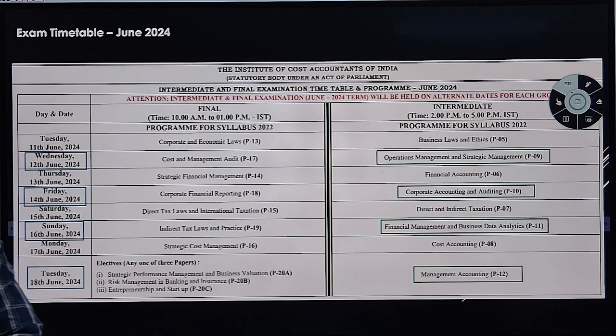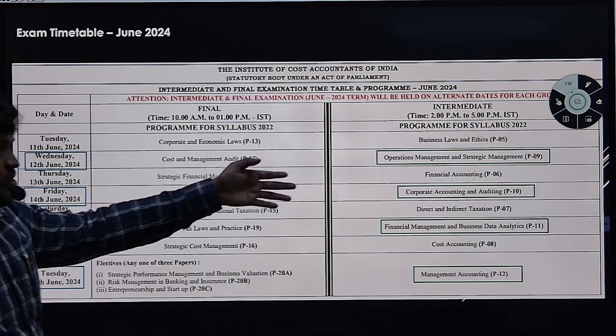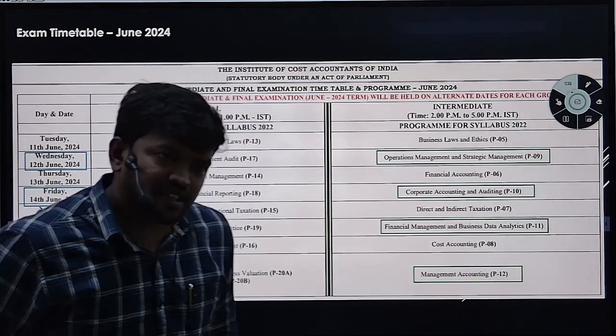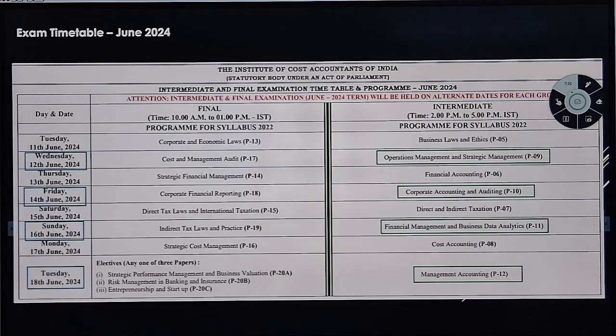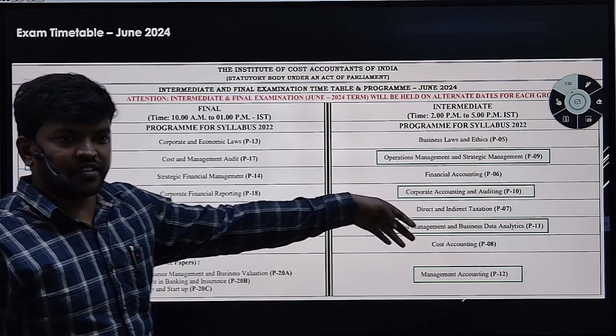Earlier it was continuous exams, right? This time it is alternate. The person who is giving both groups has to go to the exam hall daily, but I am talking about the persons who are giving group 2. Alternate is more advantageous because you can prepare for at least one day before the exam.